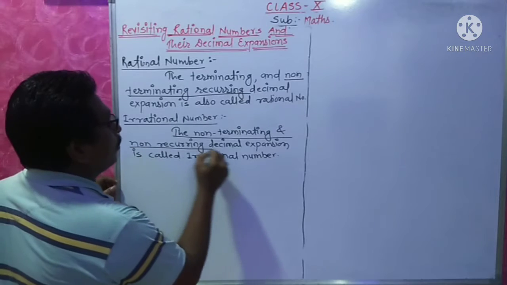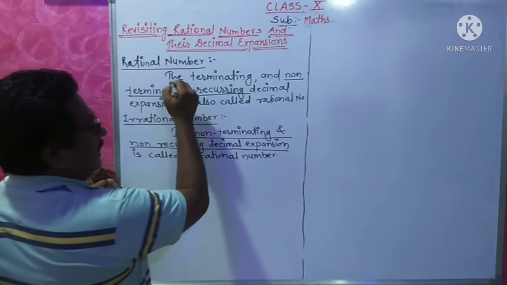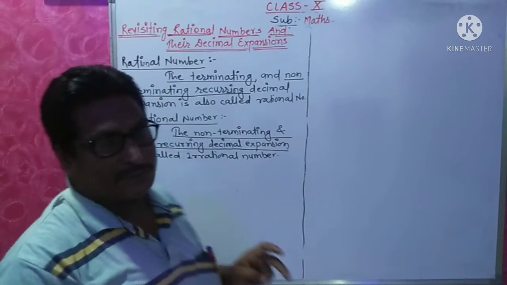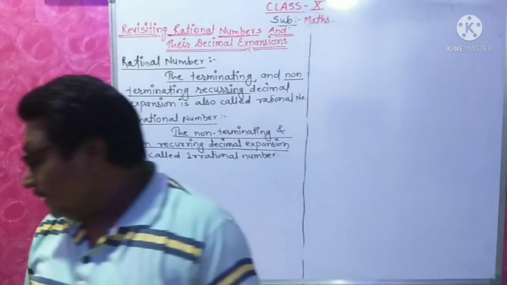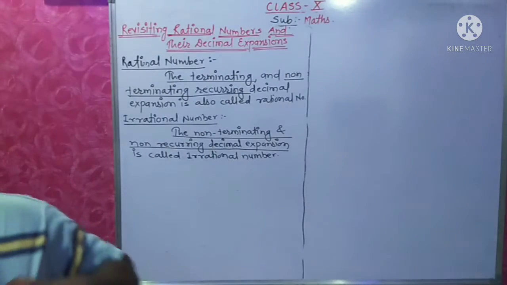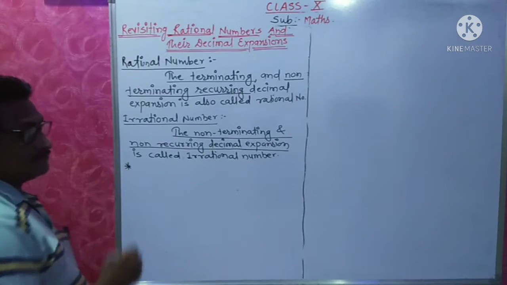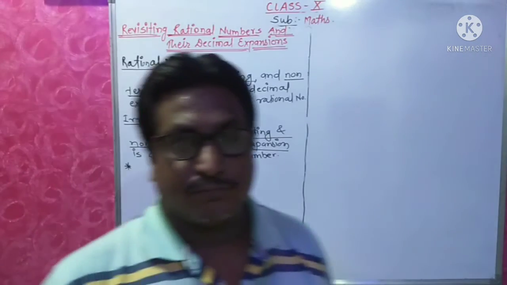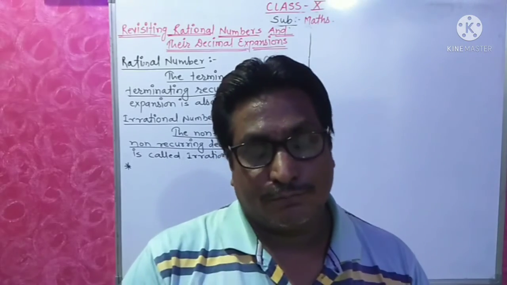A non-terminating and non-recurring decimal expansion is an irrational number, and a terminating or non-terminating recurring decimal expansion is a rational number. Some other properties are there, which I already gave yesterday, so from that you can write down.